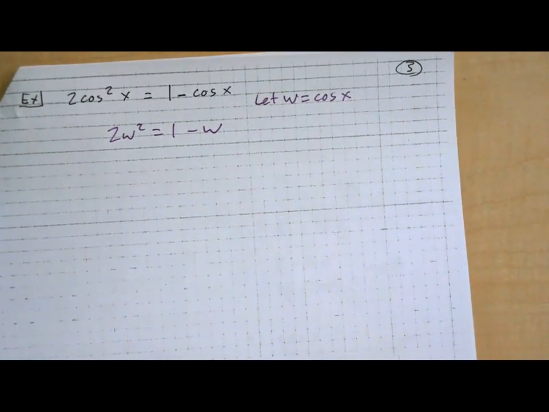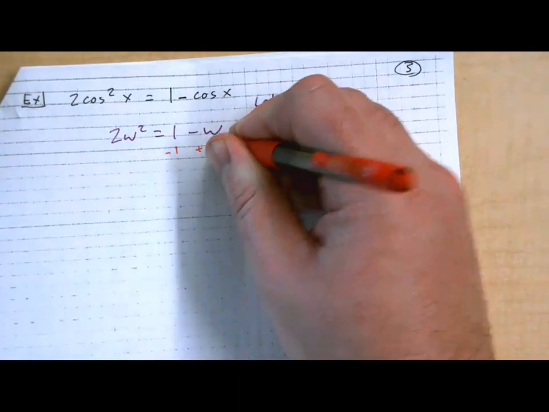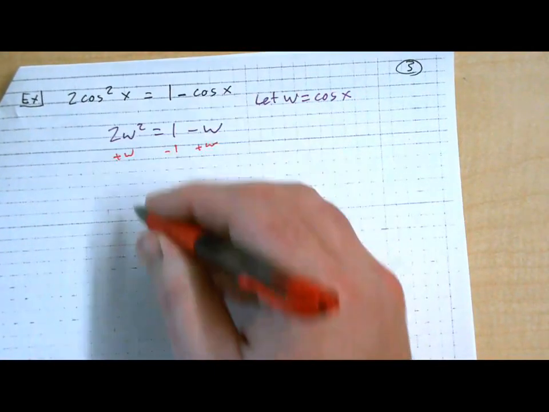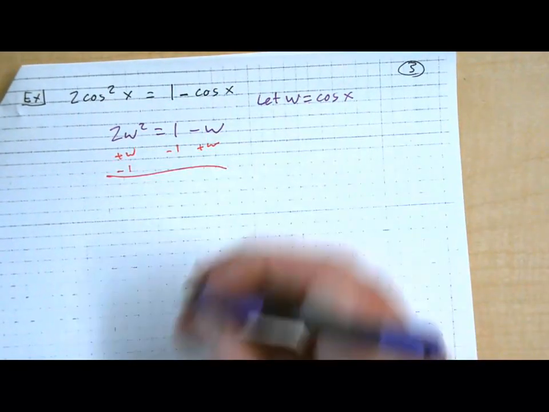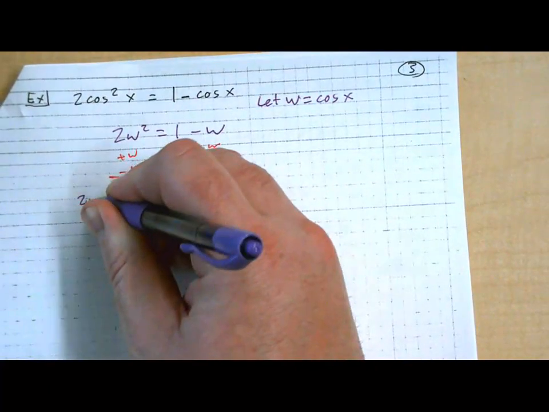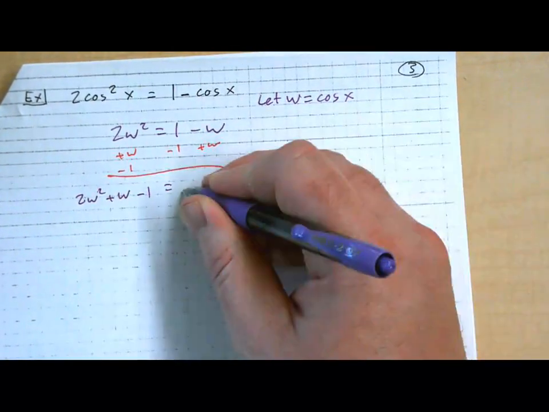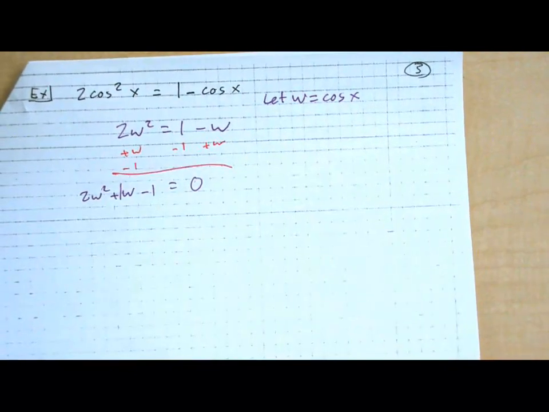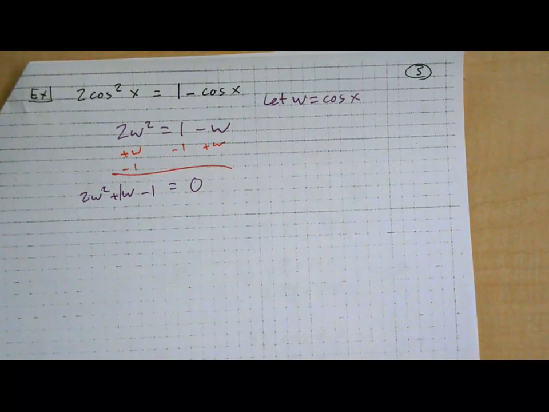I think I'm going to do minus 1 and plus W on both sides, so I keep that 2 positive. And then from here, it depends how we want to tackle this.